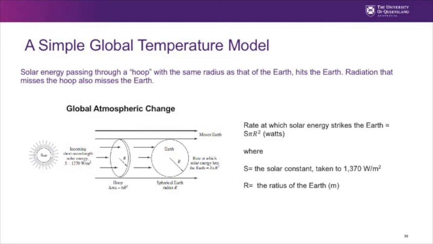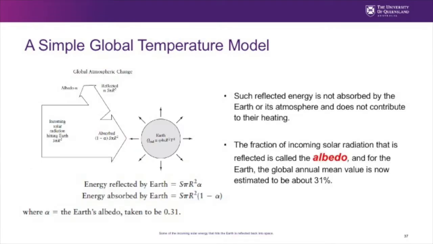So if we have the radius of the Earth and we determine the area of a circle based on that, we can predict how much energy in watts is impinging on the Earth. It is based on, of course, the circle equation and the constant that I was talking about.